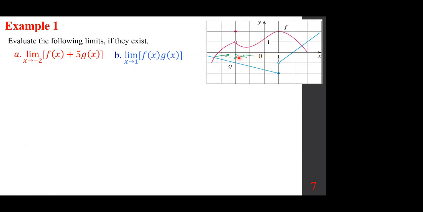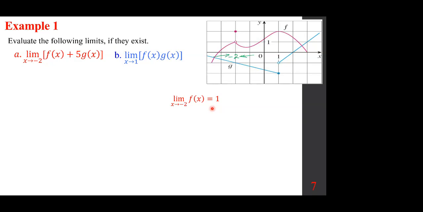From the right side of -2, we are moving towards the same hole, having the same y coordinate. Therefore, we say the limit of f of x as x approaches -2 is 1. So that's very straightforward, class, okay? I hope everybody's comfortable with that.